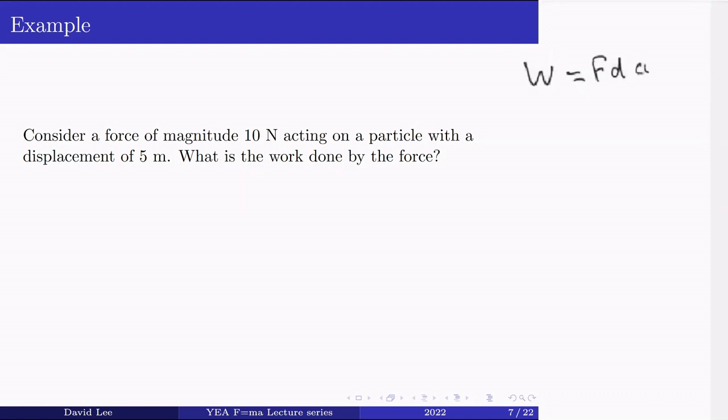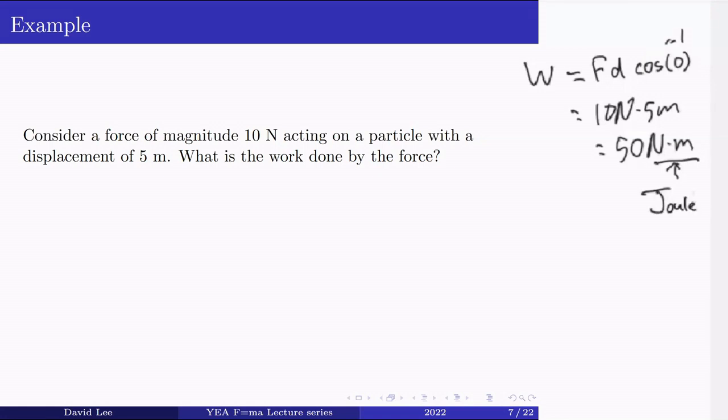Theta is just 0 in this case, and cosine 0 is just 1. So we have 10 newtons times 5 meters, or 50 newton meters. The SI unit for this is also called the joule. So the work done is 50 joules.